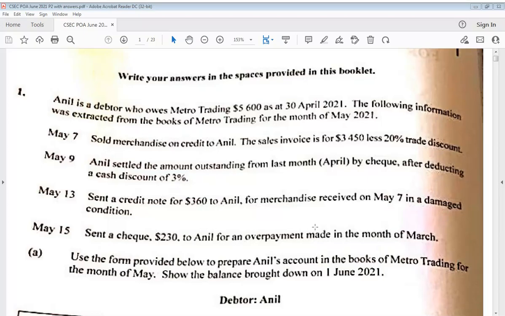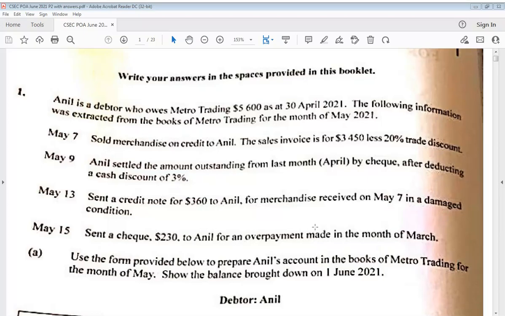So in Anil's account, we actually see a reduction. So we notice that it is an actual return inwards. So what do we have? It says $360, and that would be on the credit side of Anil's debtors account. So sent a credit note, return inwards.